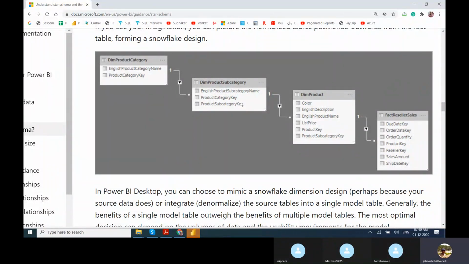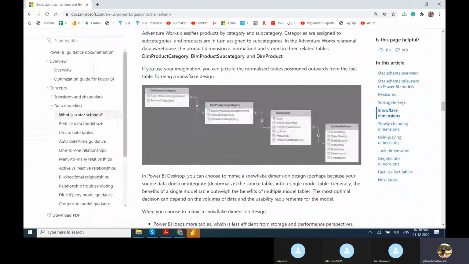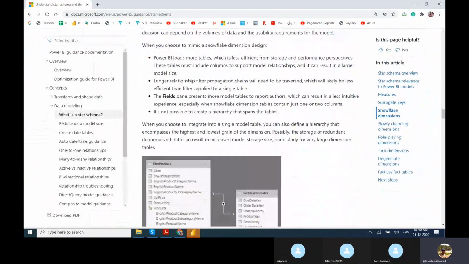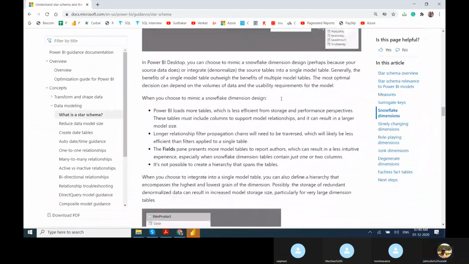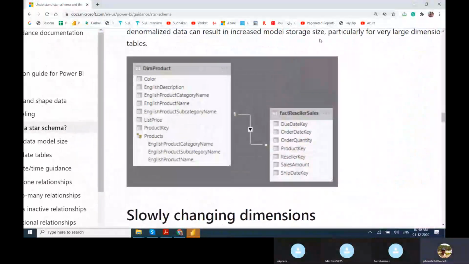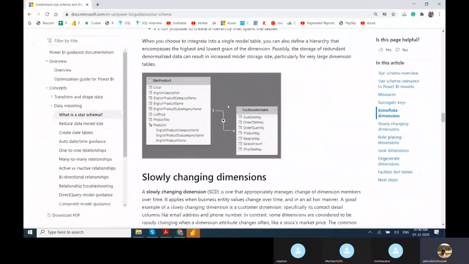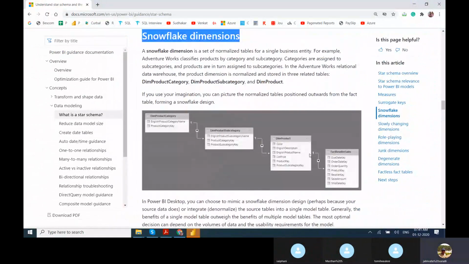That's the reason why it is called snowflake schema. Here data is snowflaking. That's the reason why it is called snowflake schema.